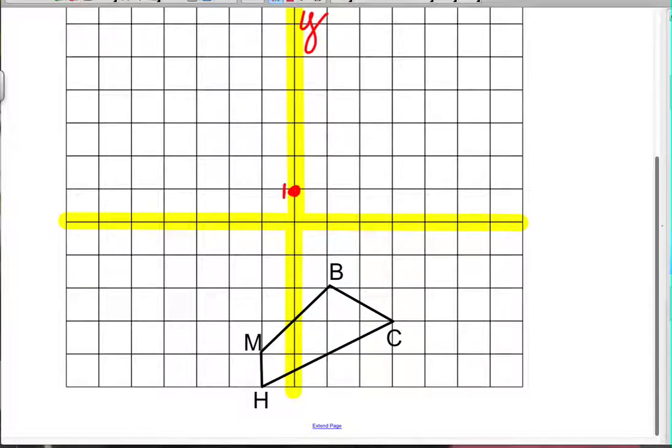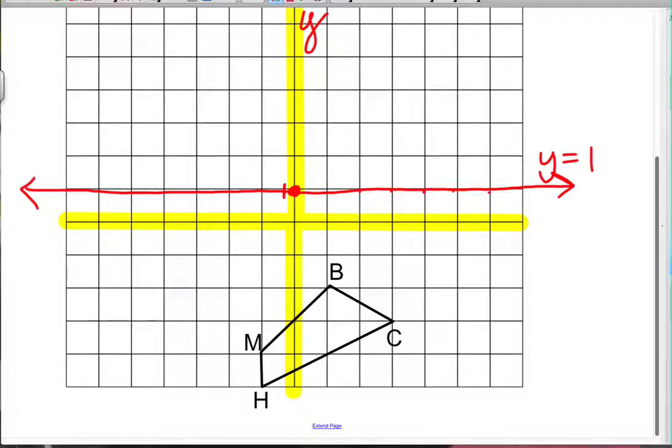The line where y is always 1 goes like this. On this line, no matter where I am for my x's, my y is always up 1, up 1, up 1, up 1, up 1, up 1. This is the line where y equals 1.